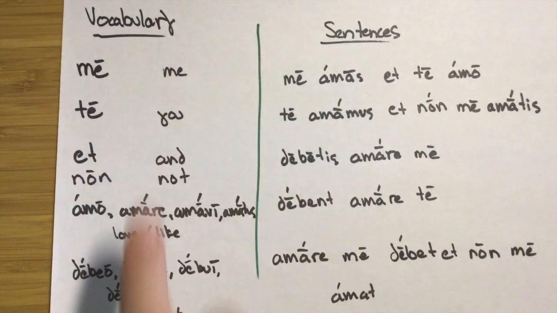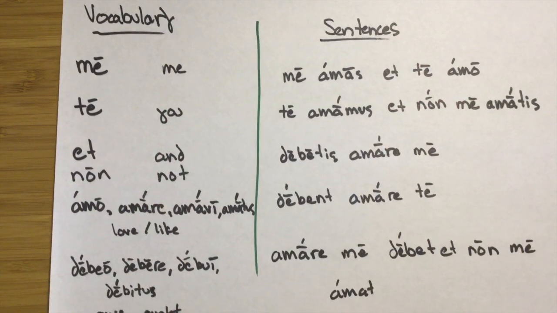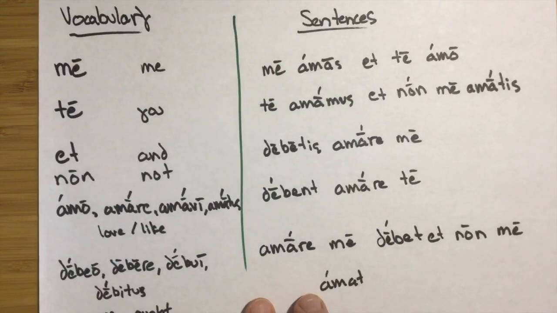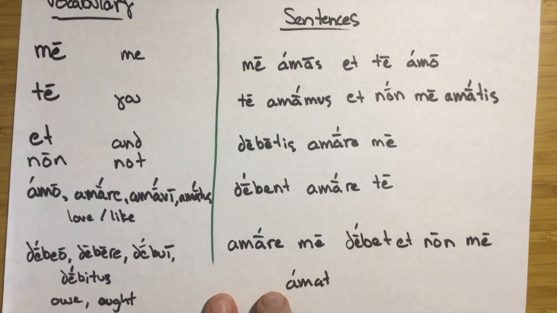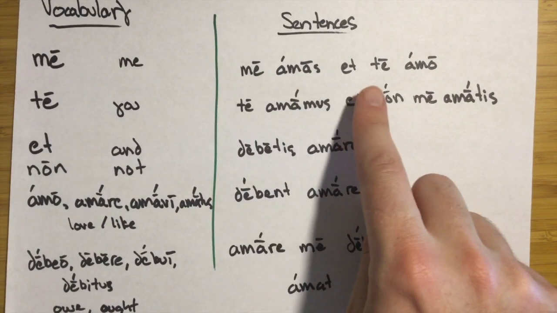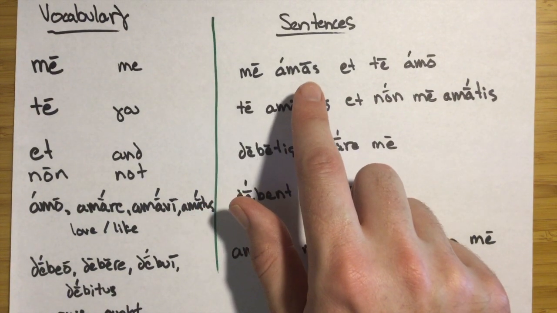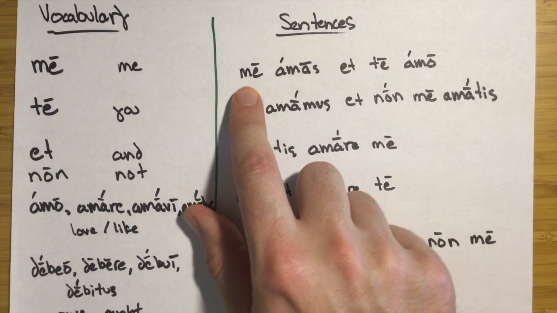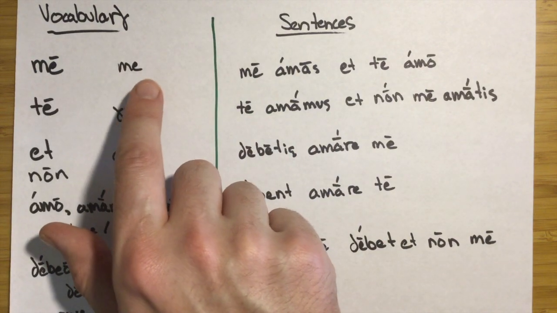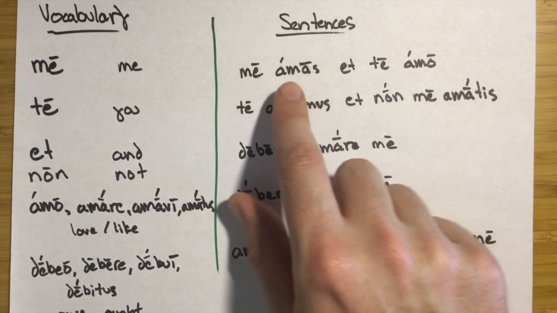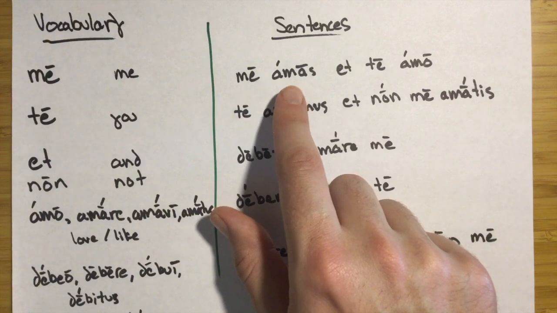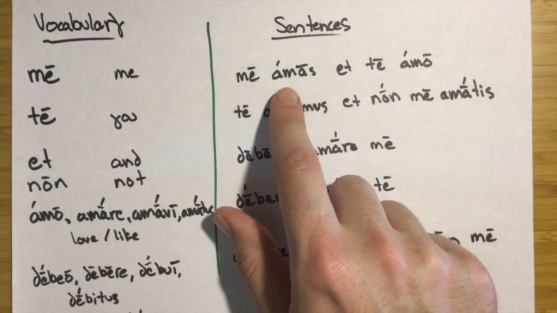Over here we have some vocabulary, and over here we have some sentences. Just go through the sentences one by one. Me amas et te amo. So amas, we'll start with the verb because that's what we've been learning. Well, actually, I'll start with me. Me means me if you look over here in the vocabulary section. Amas is from the verb to love, and it's second person singular.